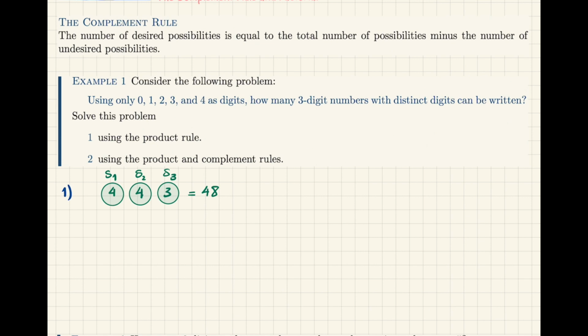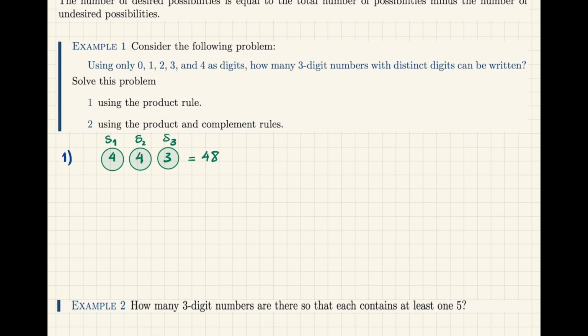Then this is the total number of possibilities if I consider all the codes. But I know there are some desired parts and undesired parts, yes? The desired parts are those that don't start with 0. The undesired parts are the ones that start with 0. So then I subtract this from the total number of possibilities, and you would expect to get 48 back again.